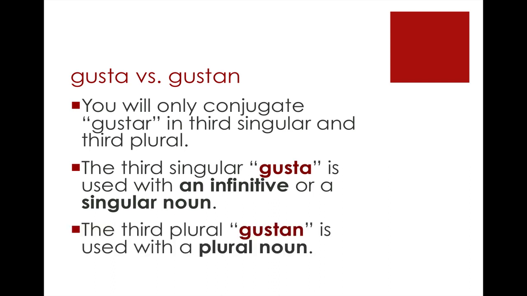The third plural form of gustar is gustan, and is used only with a plural noun. Now you see the difference. Gusta is used with an infinitive, which is a verb that ends in AR, ER, or IR, or a singular noun, and gustan is used with a plural noun.